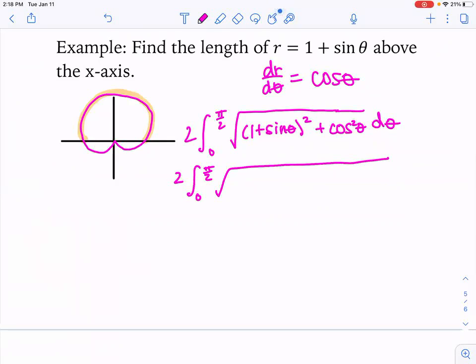When I take 1 plus sine theta, the quantity squared, we get 1 plus 2 sine theta plus sine squared theta.